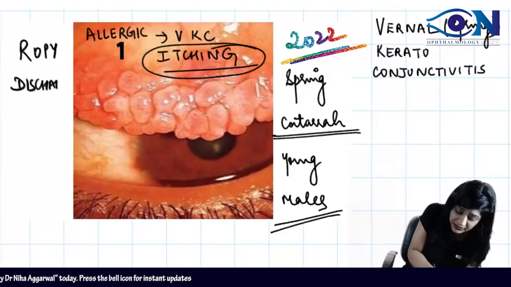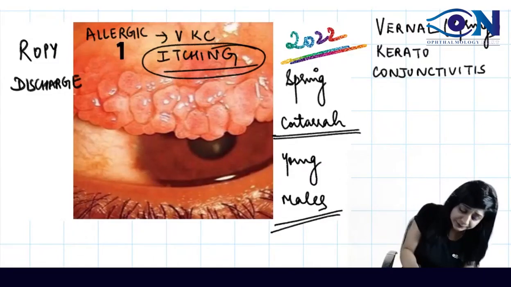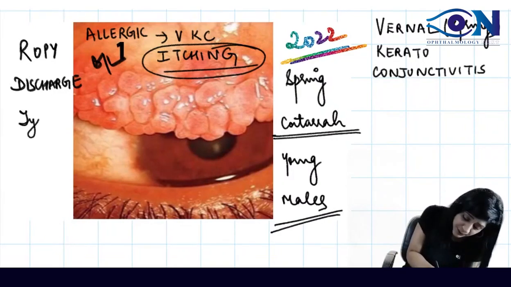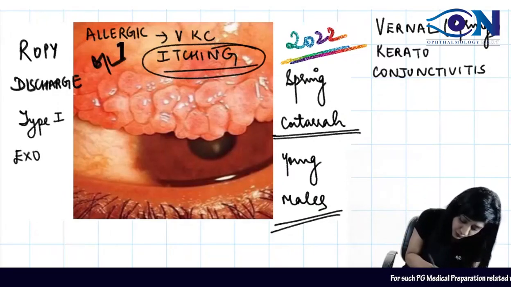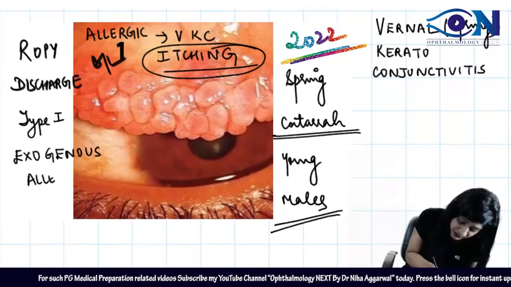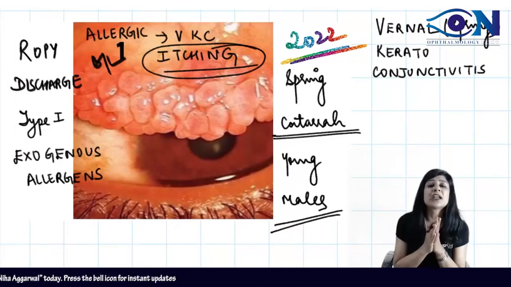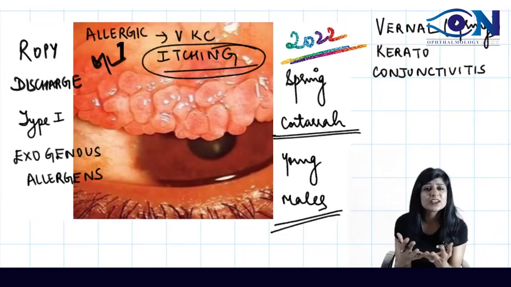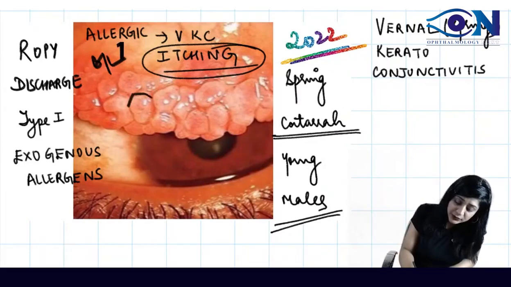So when you are having a clinical scenario, you are having a young male, you are having bilateral itching, you will have ropey discharge, you have the type 1 hypersensitivity reaction to the exogenous allergens. Just think of VKC and you get typical polygonal raised areas.